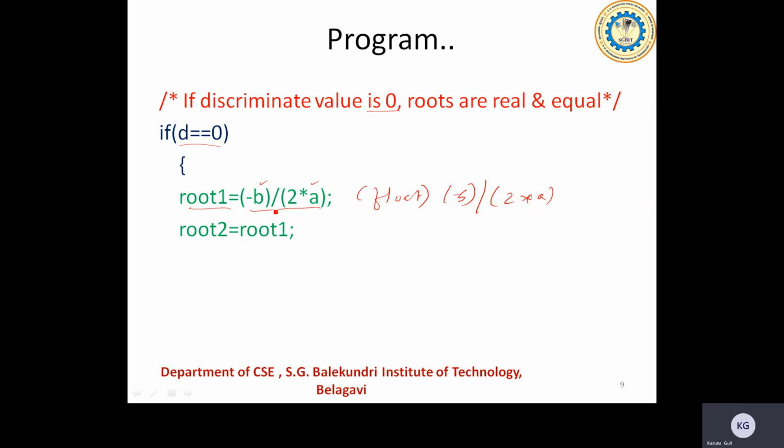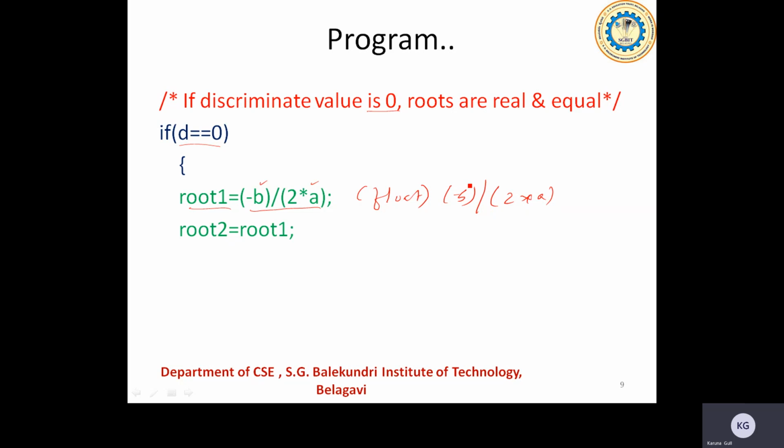That's why I'll convert any one of these two values into a floating point value before I proceed with the division. So that's what I have done here. So float minus b divided by 2a. So this is converted into float before we proceed with the division.